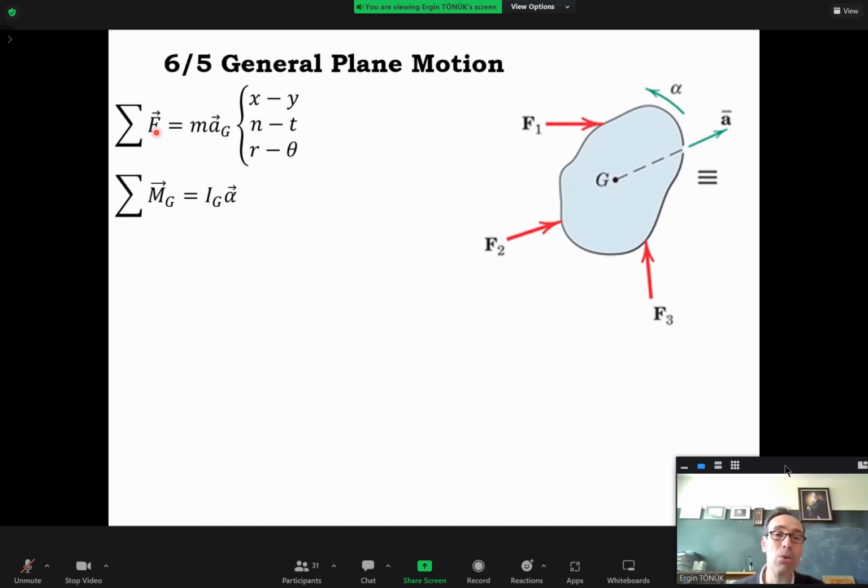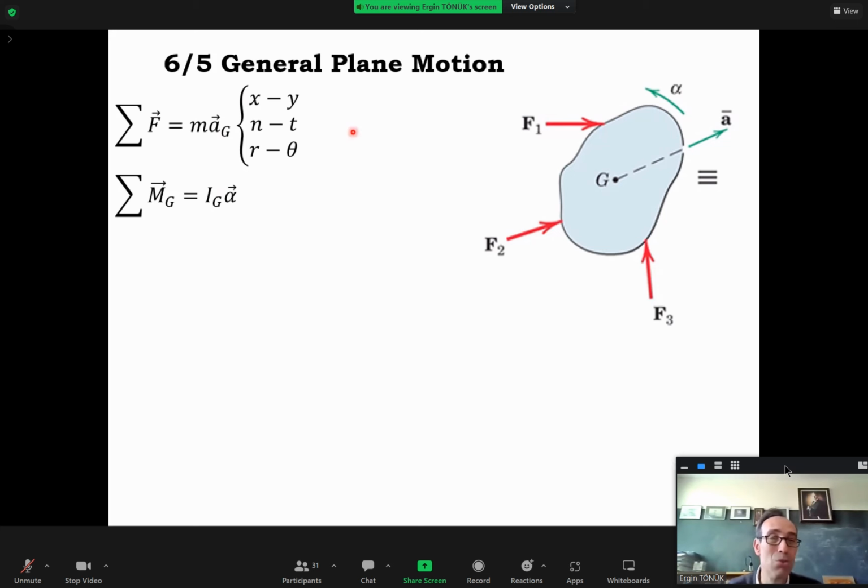We sum up all the external forces on the body and equate it to mass times acceleration of the mass center. We just split this equation into xy and t or r theta components to be able to do the necessary calculations. And actually, you might choose whichever coordinate system you think is appropriate.